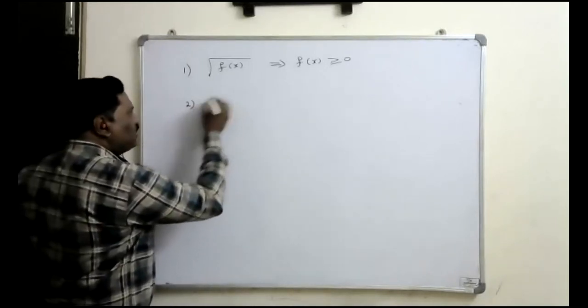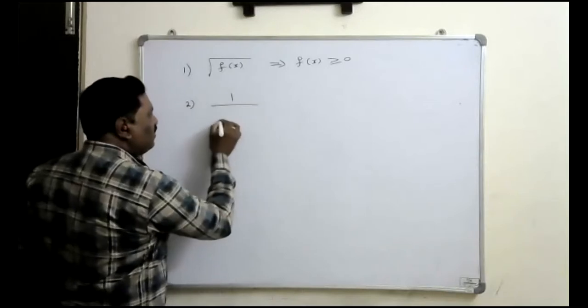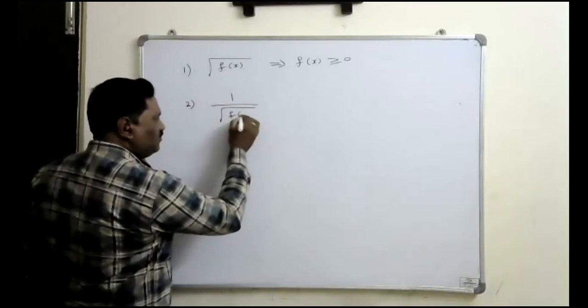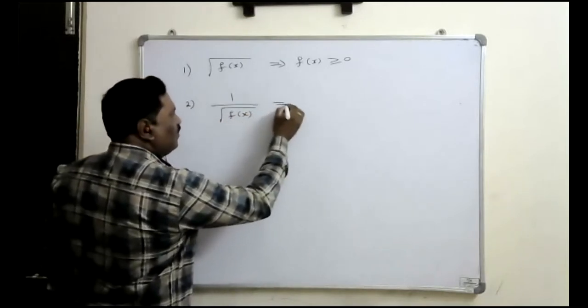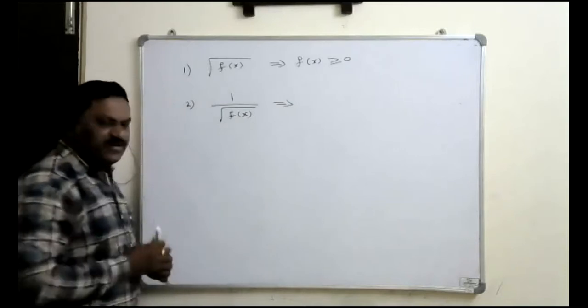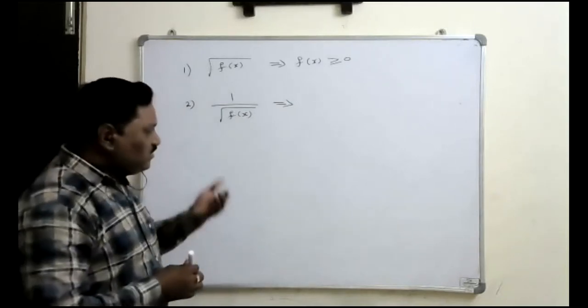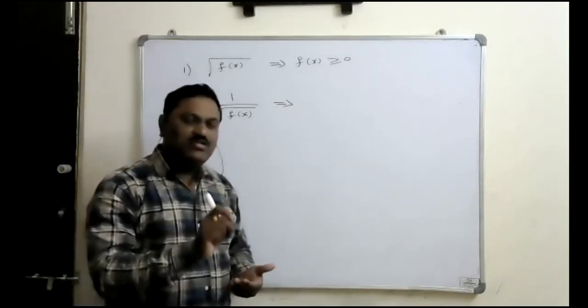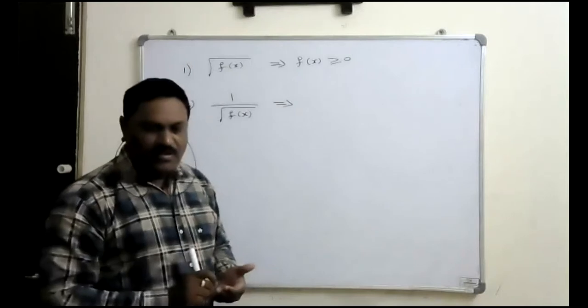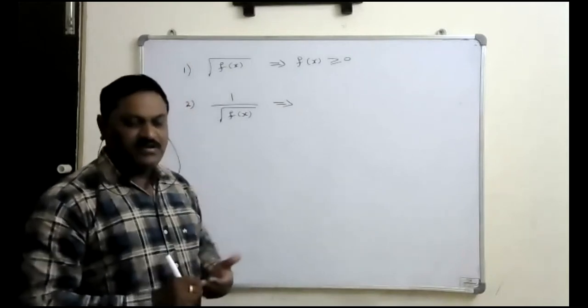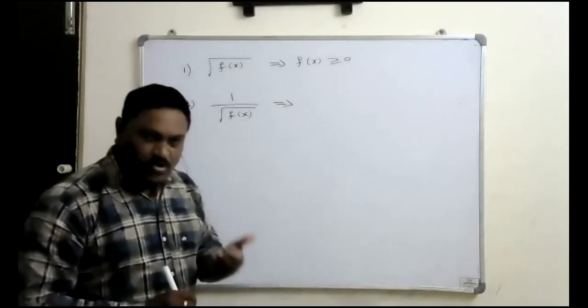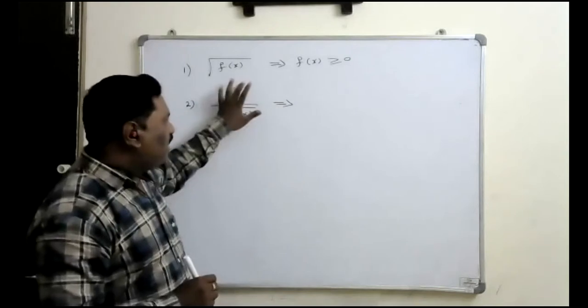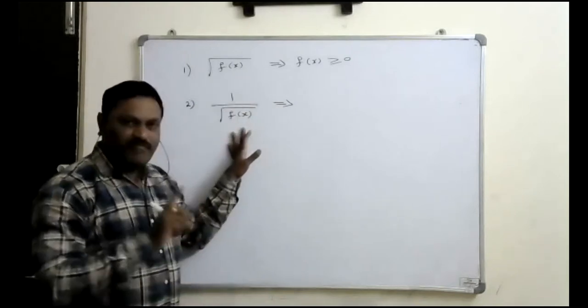Secondly, suppose the square root is in the denominator. We know that in the denominator we should not take 0, since 1 by 0 is also not defined.